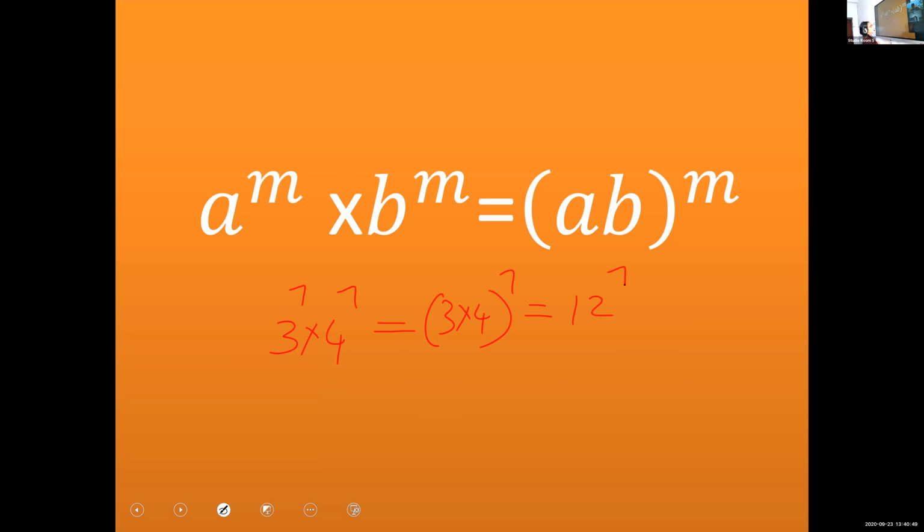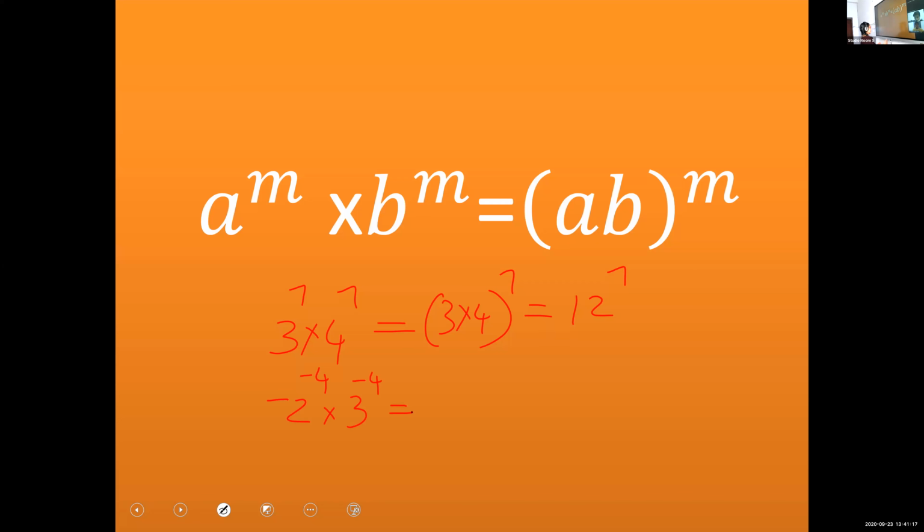Now Albert. Negative 2 raised to negative 4 into 3 raised to negative 4 equal to what, Albert?